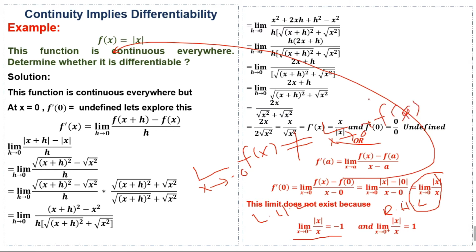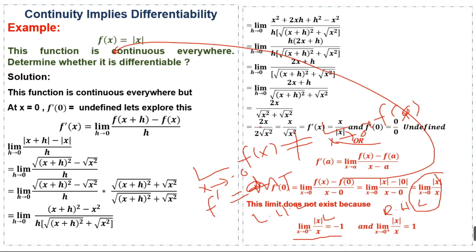So this means the slope of the tangent line will be different for x less than 0 and for x greater than 0. Here we can see the slope of the tangent line. We know that the derivative of the function is equal to the slope of the tangent line.